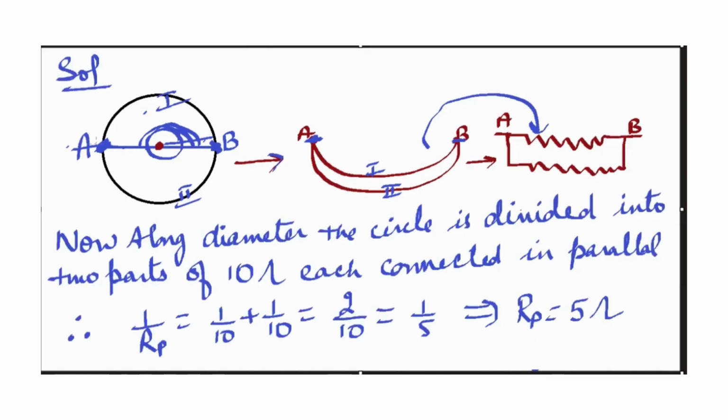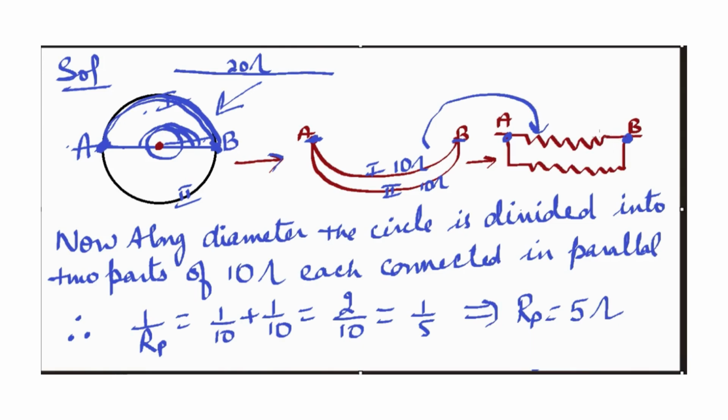So we come to know that when we fold this wire of 20 ohms in the form of a circle, then each part of the circle along its diameter exhibits a resistance of 10 ohm each, right? So now we can imagine that this wire is connected in parallel along its diameter.